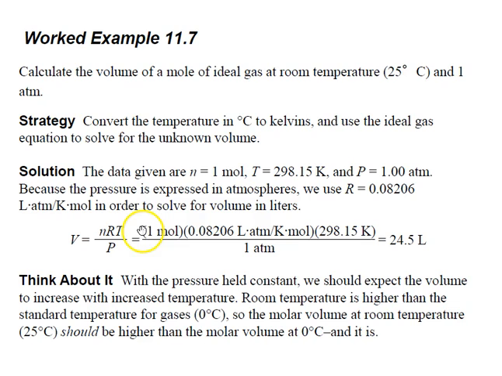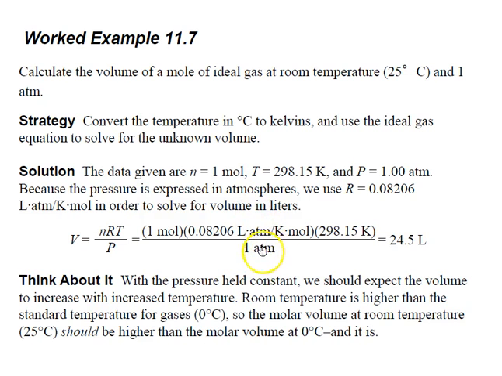Putting in the numbers for the variables, n is 1, R is our gas constant, here's our temperature, and here's our pressure. We can double check, and always double check, to make sure you use the right gas constant. Moles isn't in there, so it remains.